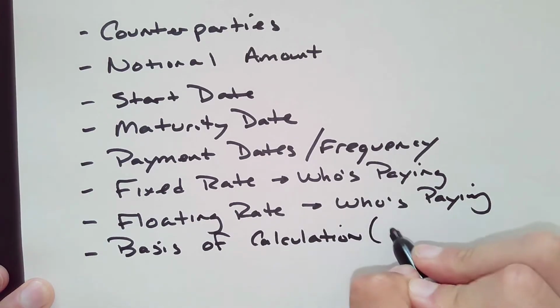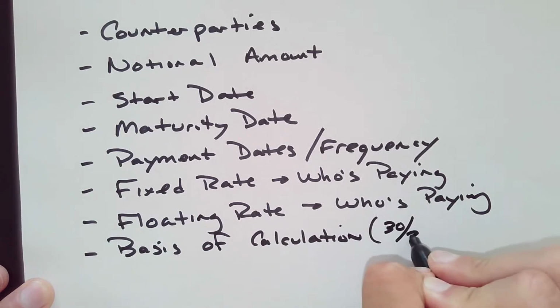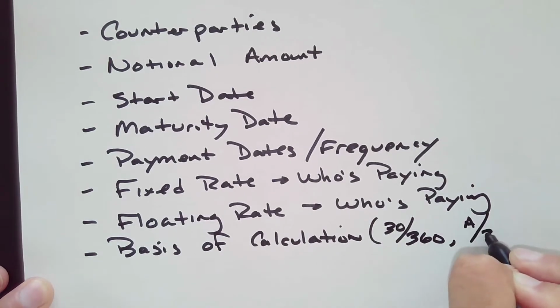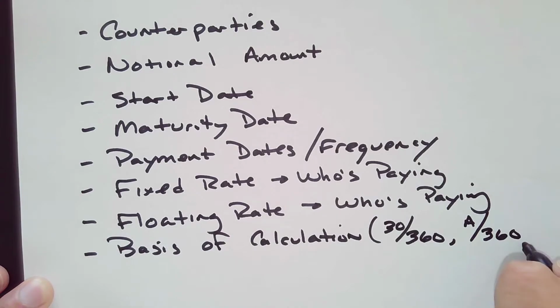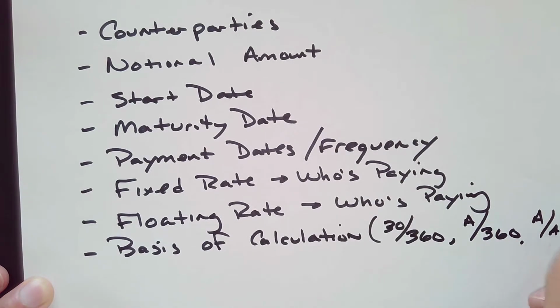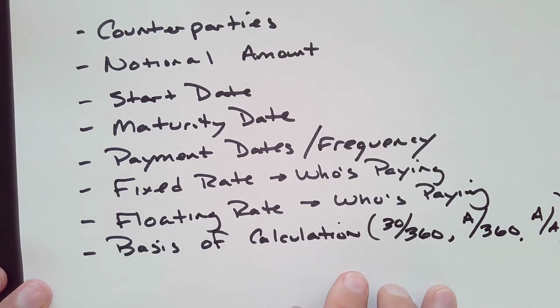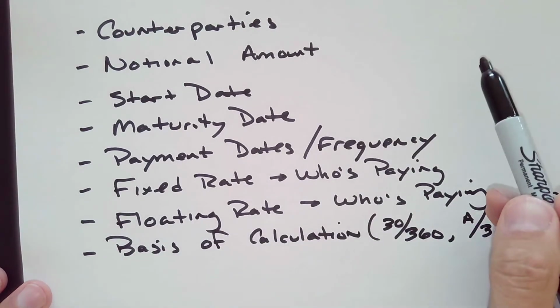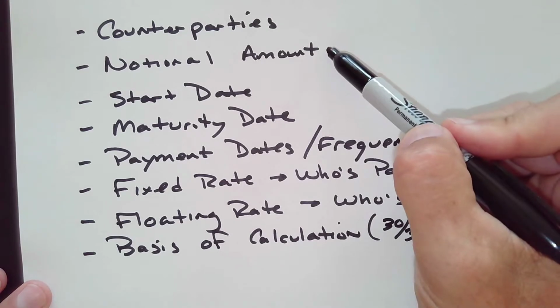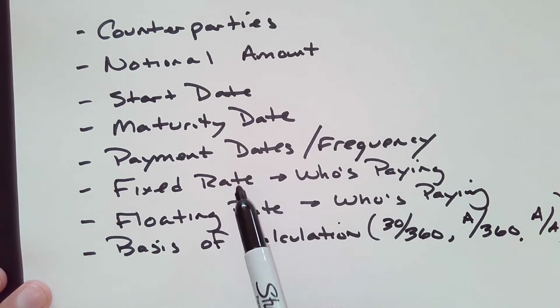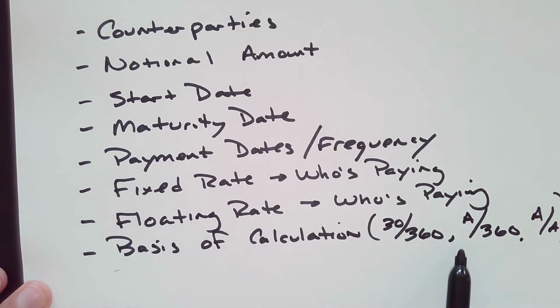Is it 30/360? Is it actual/360? Is it actual, etc.? That's the basis of the calculation. So when you calculate interest, it's the principal amount, in this case the notional amount, times the rate times the amount of time, and then the basis of the calculation.